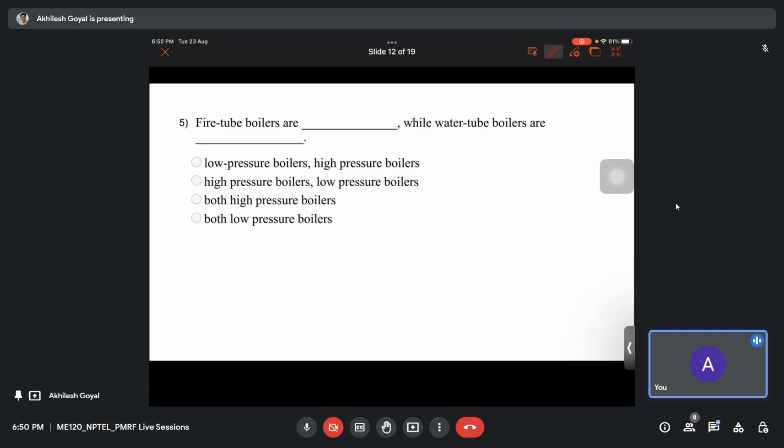So these fire tube boilers are low pressure boilers, and pressure goes up to 20 bar, right? While the water tube boilers are high pressure boilers, and pressure goes up to 200 bar, we saw in the last few slides. So fire tube boilers are low pressure boilers, and water tube boilers are high pressure boilers. So option 1 is correct, others are wrong.